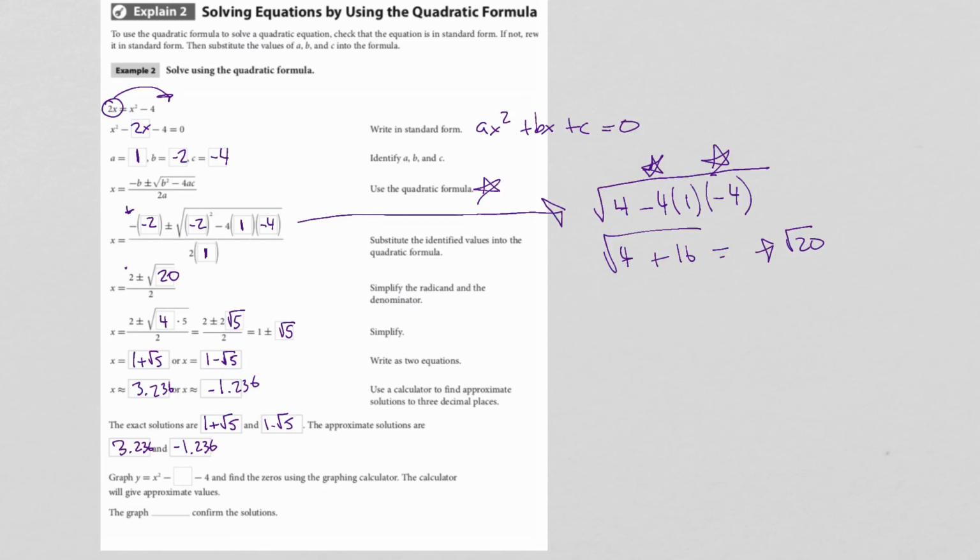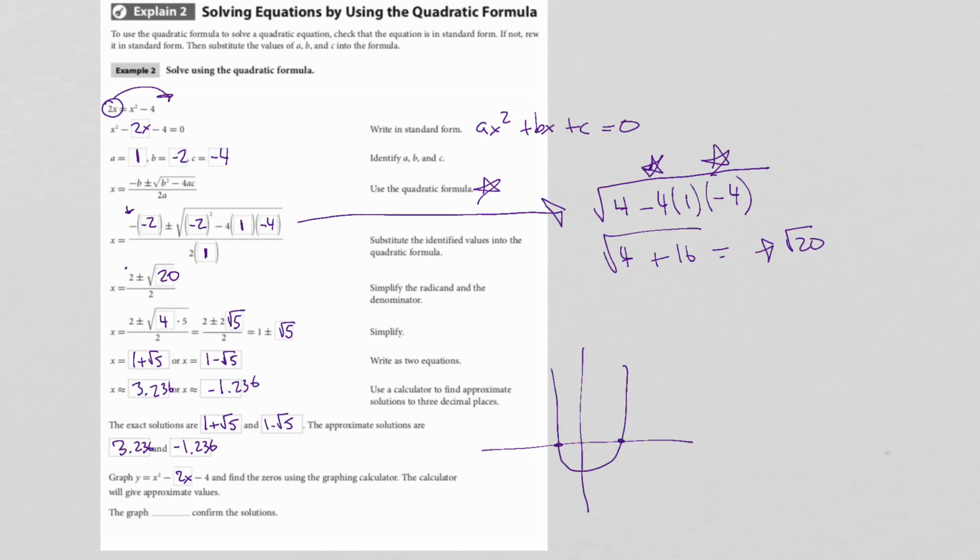And if I had x squared minus 2x minus 4 using the graphing calculator, we're going to type this now into Desmos, and we are going to see for ourselves if our answer is in fact this. We should get a graph on Desmos that looks something like this.